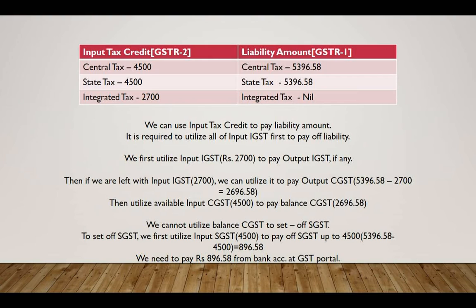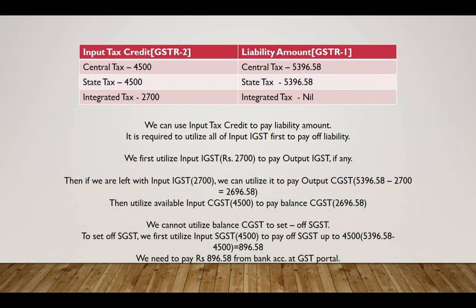After paying off with the available IGST of 2,700 rupees, we are still left with balance liability of 2,696 rupees.